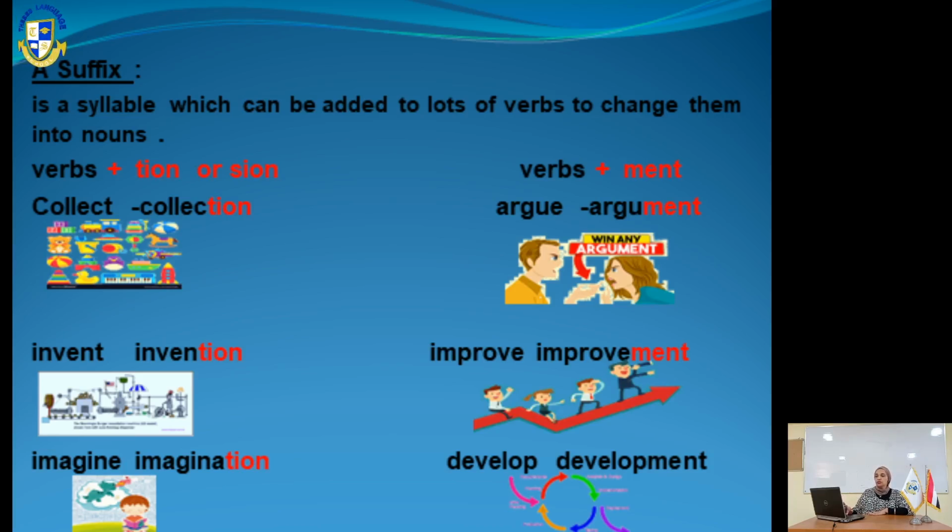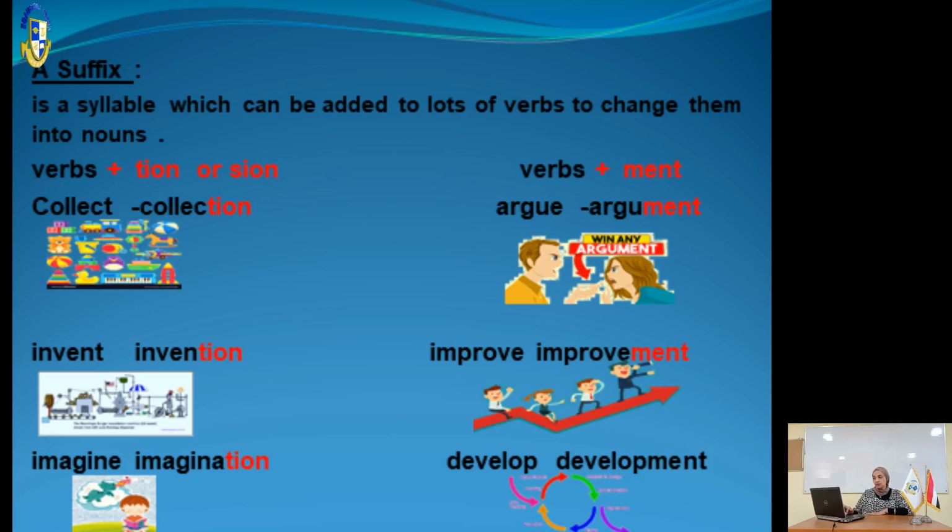Argue. Of course, all the time, especially in the class, the teacher tells you, stop arguing with your friends. It means that I'm saying, I'm the best. No, I'm the best. This is arguing. So argue, and if you want to change it into a noun, you say argument. So argument between classmates is not a good thing.